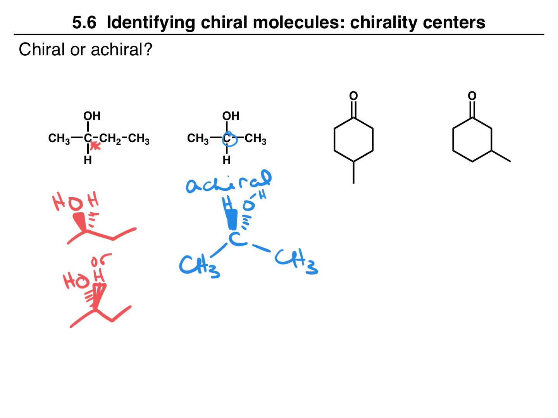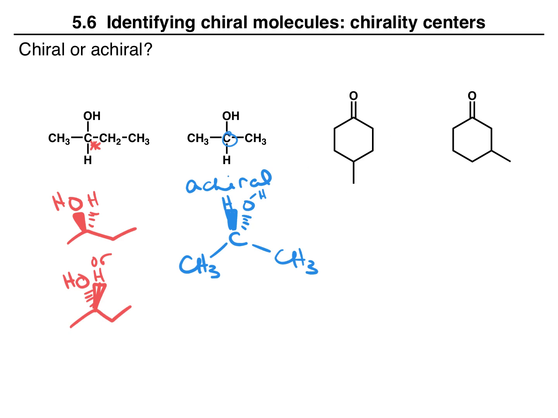Let's imagine we have a plane of symmetry that cuts right through this hydrogen, carbon, oxygen, and hydrogen, and that leaves the methyl group and the methyl group on either side of the plane of symmetry. So we have a plane of symmetry, and we don't have a chirality center, so this molecule is achiral.